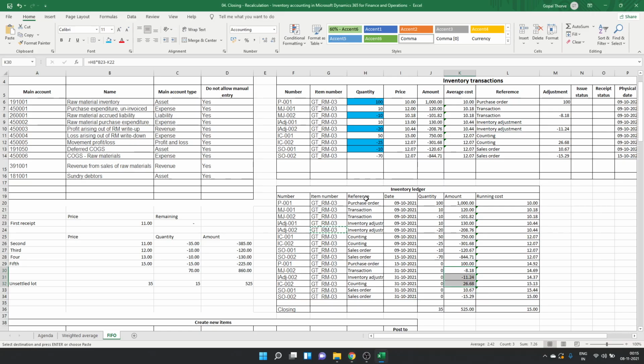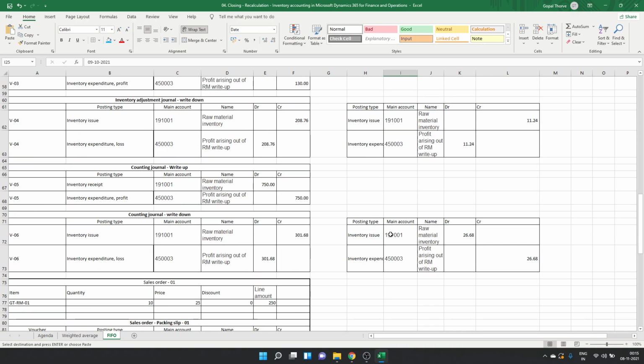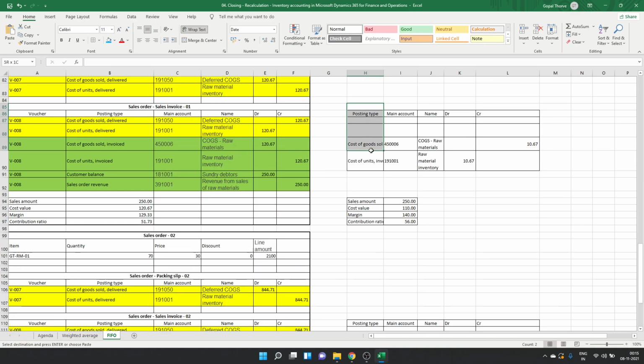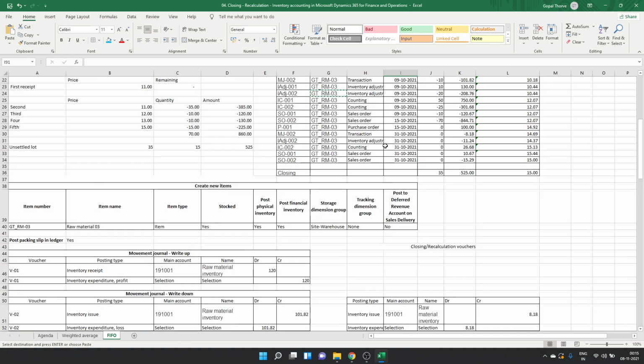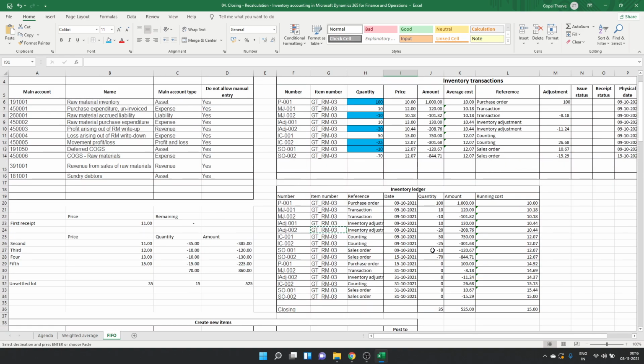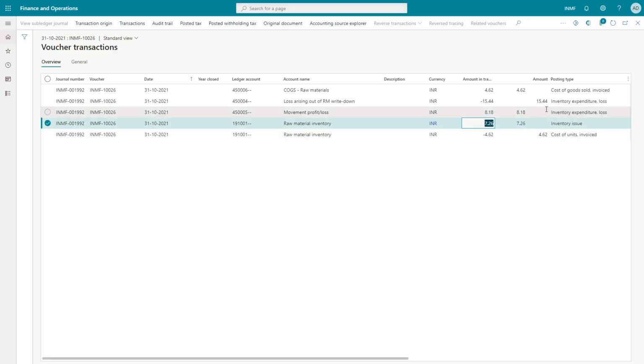Here I have shown you the entire breakdown for demo purposes, but while closing or recalculating the inventory, the system does not post in that way. It sums up if the GL accounts are filled on the transactions and by posting time.